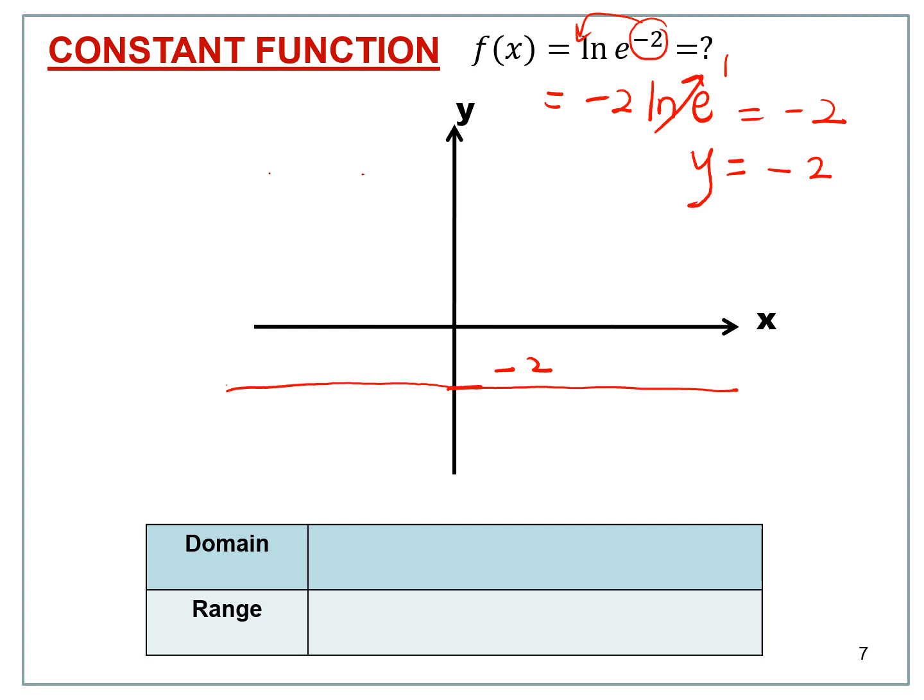For the domain, instead of interval form, we can write set notation, which is x where x is an element of the real numbers. So all x are used in this function. For the range, we can write y equals -2.